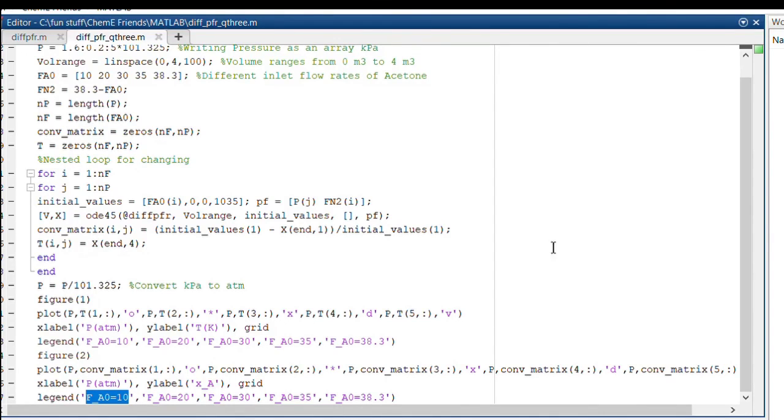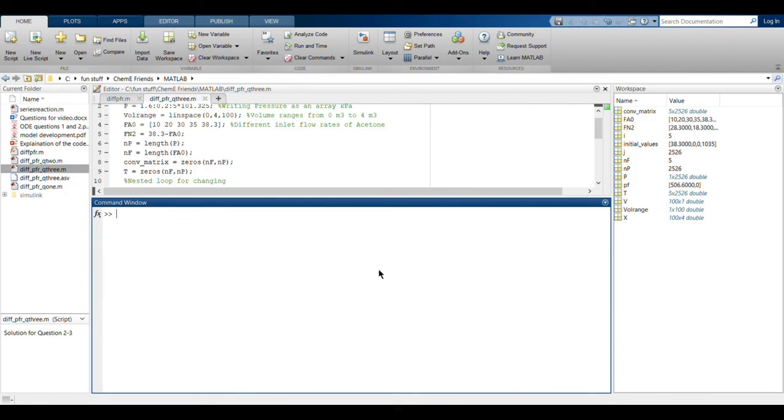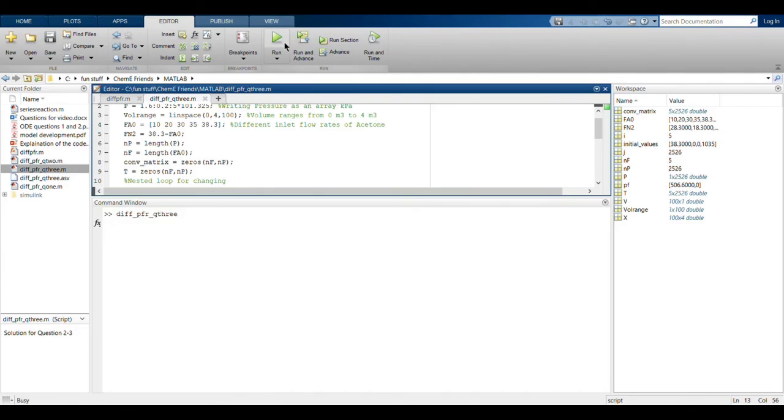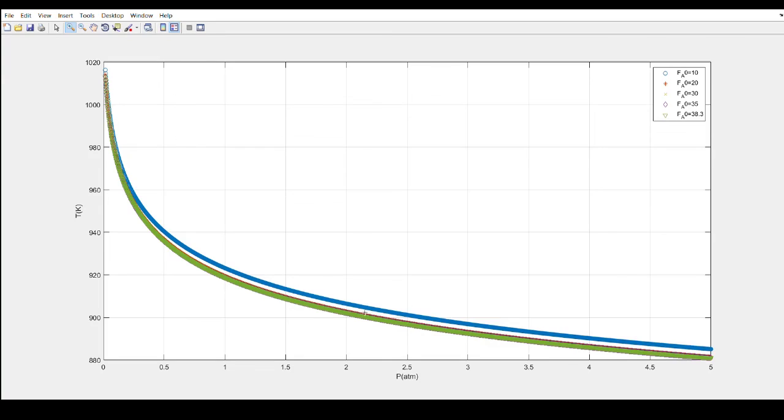So let's run the code, and let's see what kind of results we get for our final part. Our output is two figures, and this is the first figure, which we can zoom into.